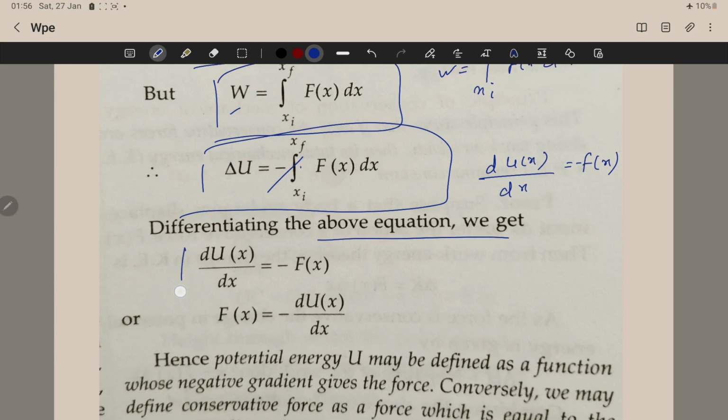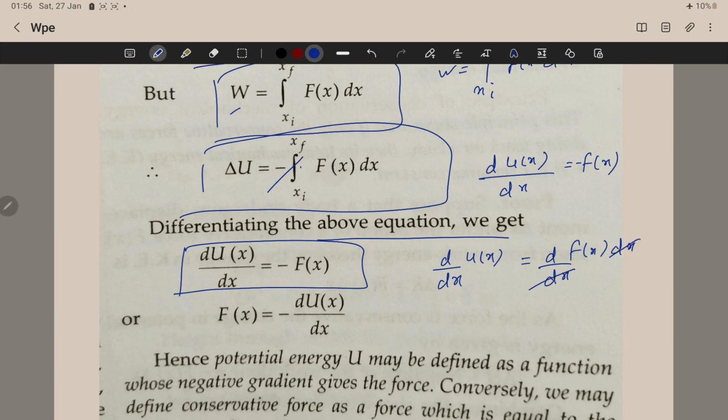Are you getting how we do the differentiation? It's like we multiply by d by dx. So delta U becomes U(x), U is a function of x, and it is equal to minus d by dx of the integral of F(x) dx, so the integration and dx go away and we are left with this term only.